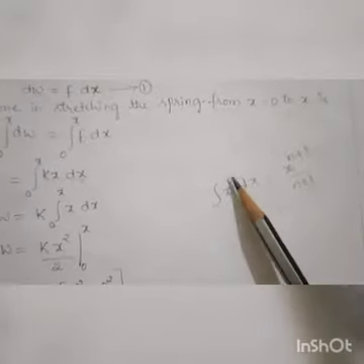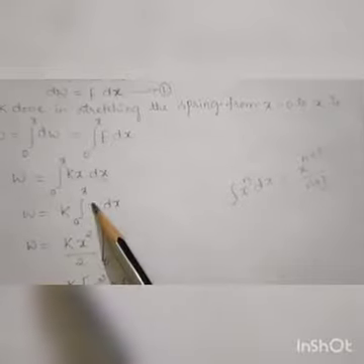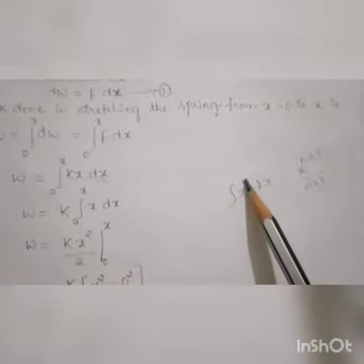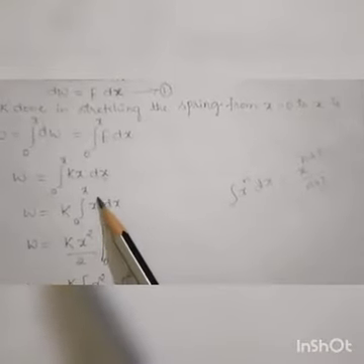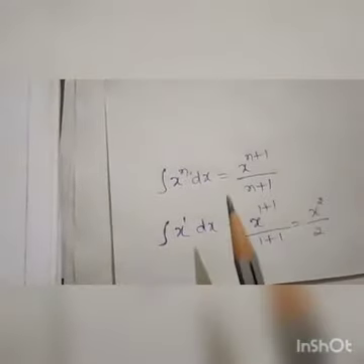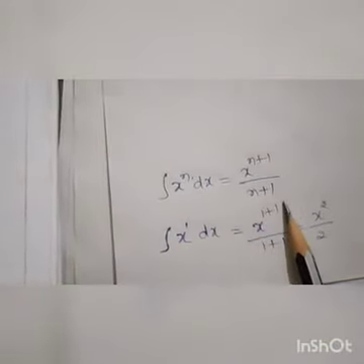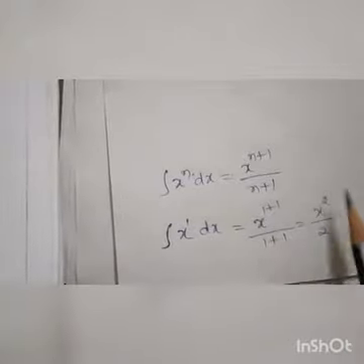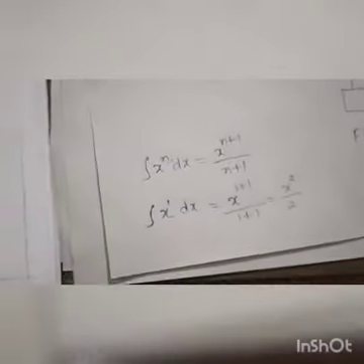Here is the general formula: in the place of n goes the power. If there is no power, it means 1, so replace n by 1. Then x power 1 plus 1 divided by 1 plus 1 is x power 2 divided by 2.